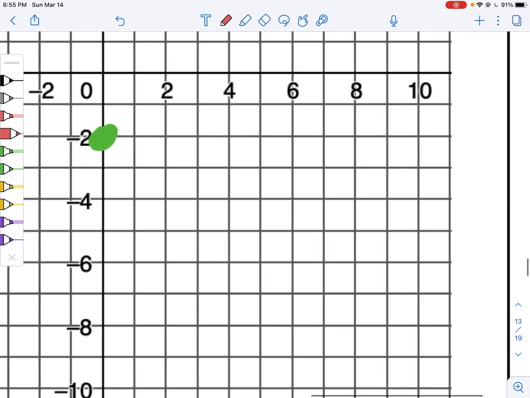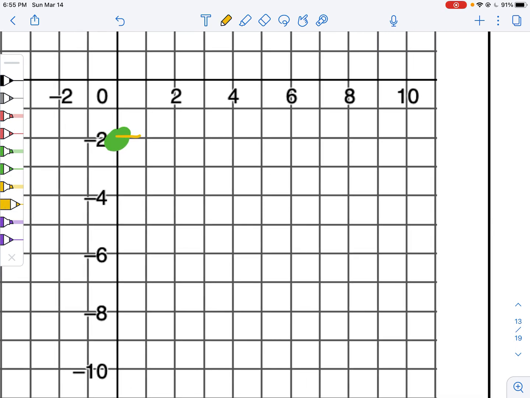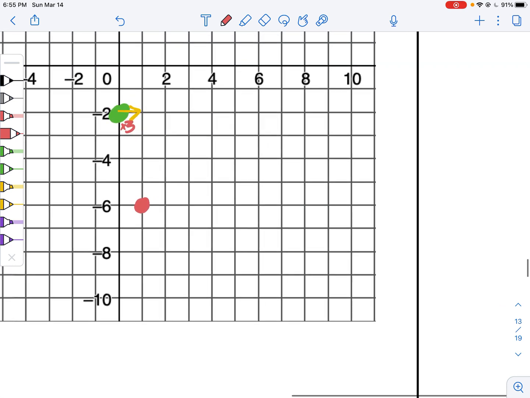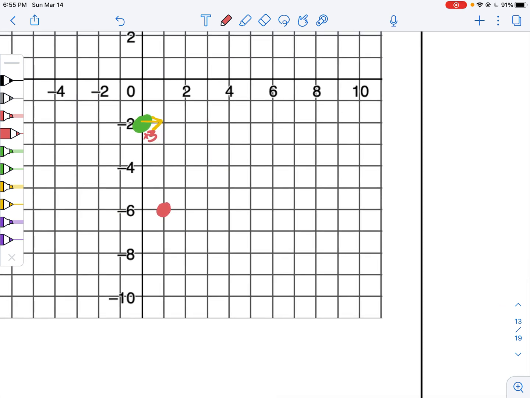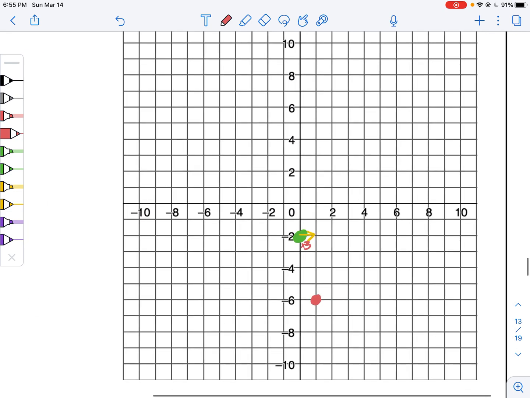So we're going to go over 1 times 3. I'm going to zoom way in. Sorry, I zoomed way in. I went over 1, and then we need to take -2 times 3 is -6. No, we're not going to, because we'd go all the way down to -18, and that's way off the charts. So let's go the other way.